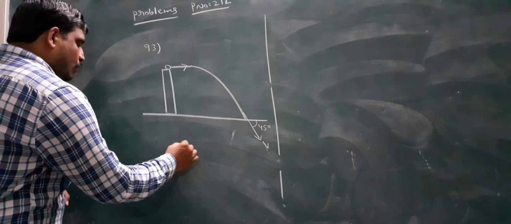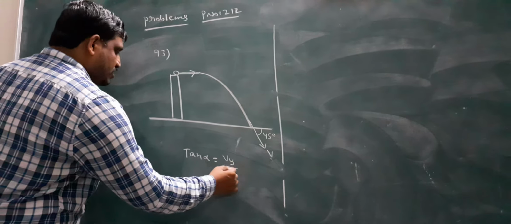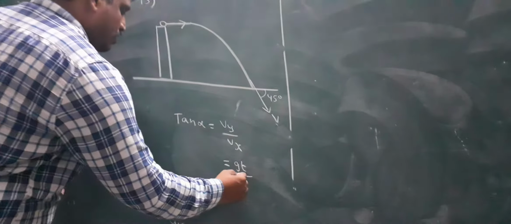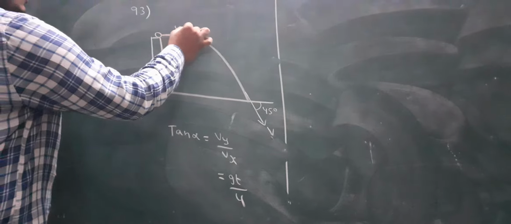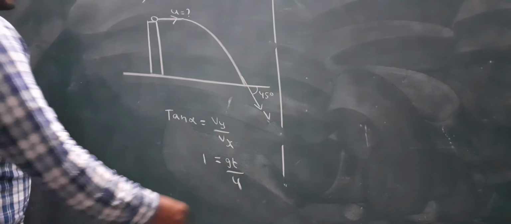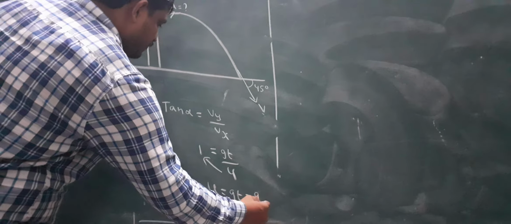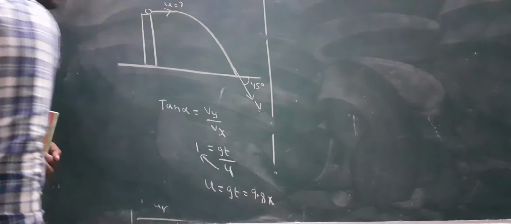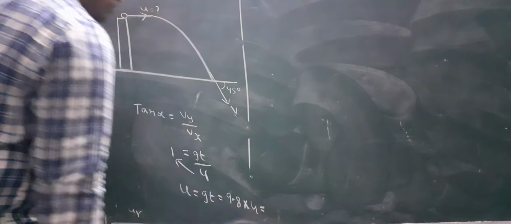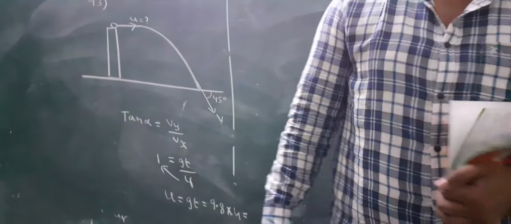We know the tan alpha formula, I discussed it in the previous problem also. Vy by Vx. What is the Vy formula? gt. Vx formula is U. This U can be calculated. Here alpha is 45, tan 45 is 1. What is the U value? gt. Here the g value on the earth is given 9.8. Time is given 4 seconds. 9.8 into 4, approximately 10 into 4, 40. It is 39.2. That is the final answer.